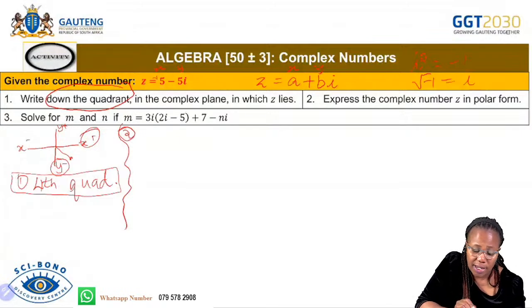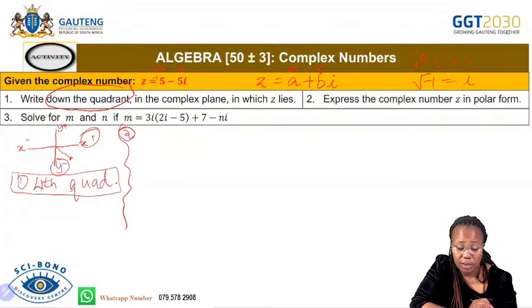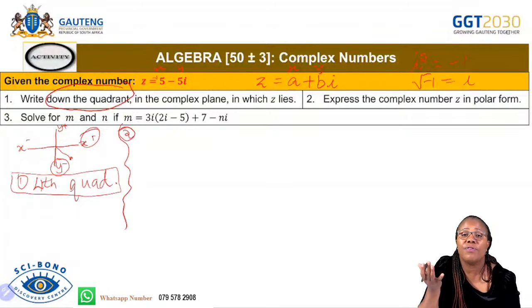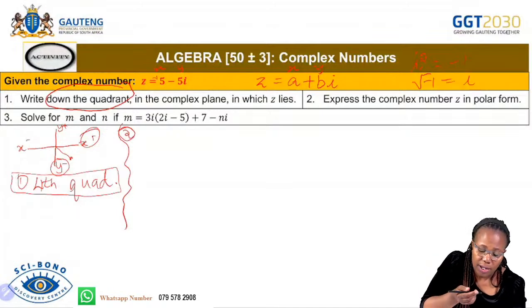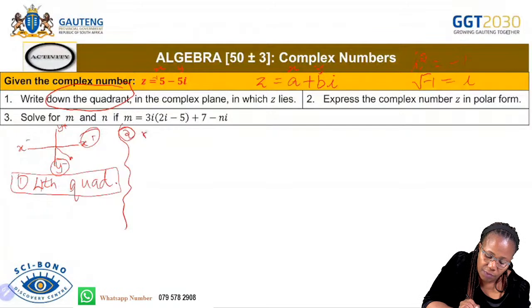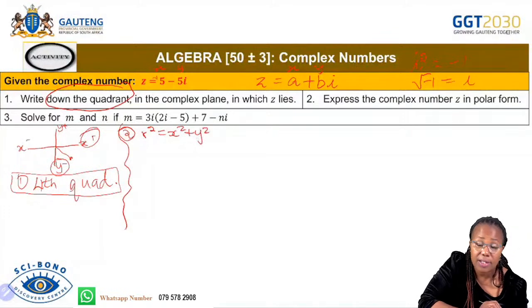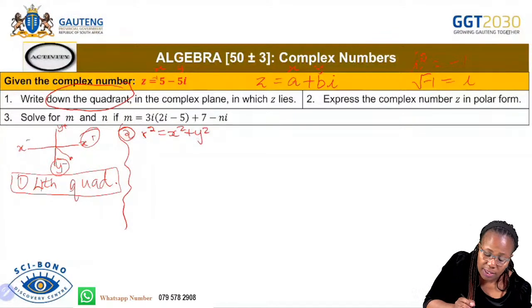Remember now this is a and b indicated there, or x and y, we relate to what we know. And then now we are using the formula r squared is equal to x squared plus y squared in order to find that r value. And then now we are going to substitute.